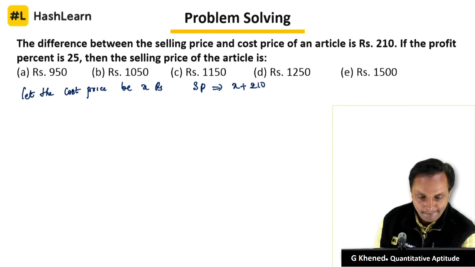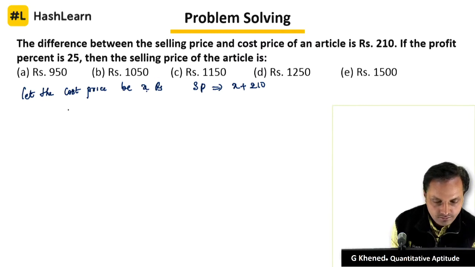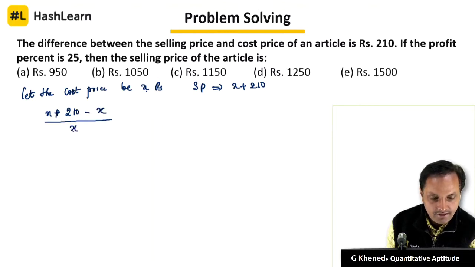So X plus 210 minus X divided by X is 25%.